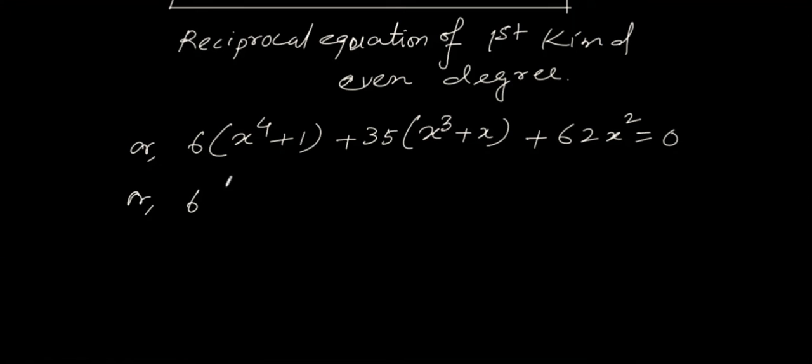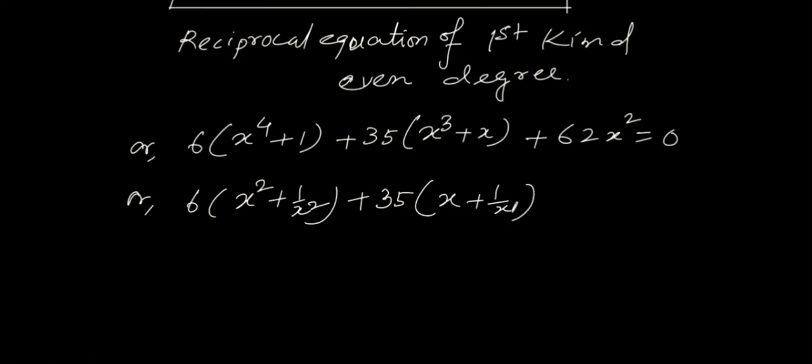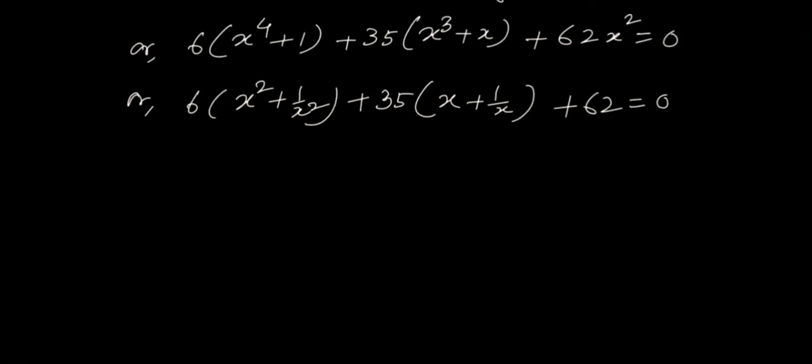We will get 6 times x square plus 1 by x square, 35 times x plus 1 by x, and 62 equals 0. Now put x plus 1 by x equals t.